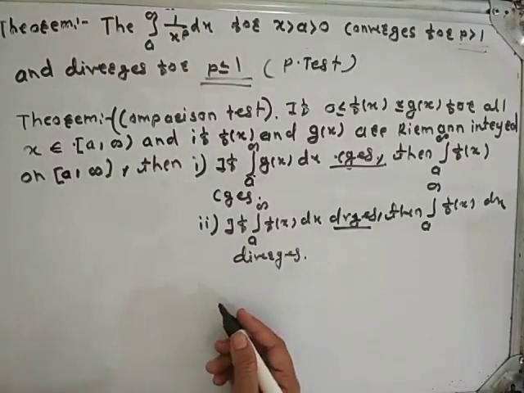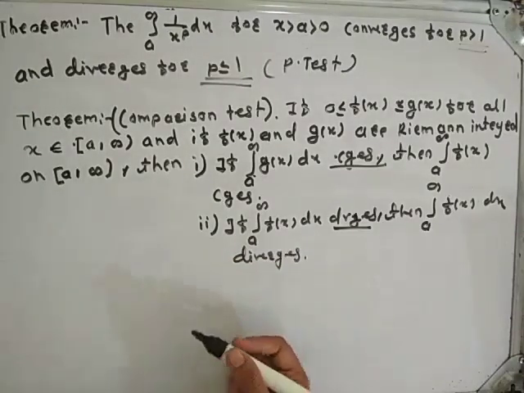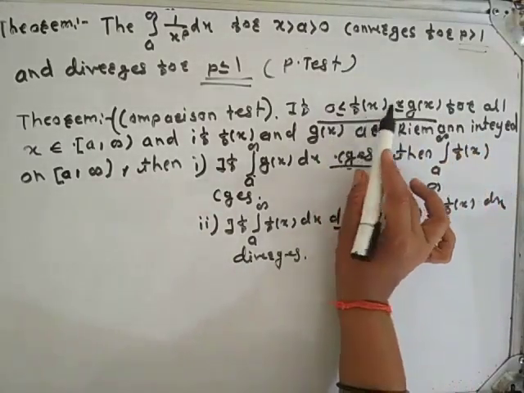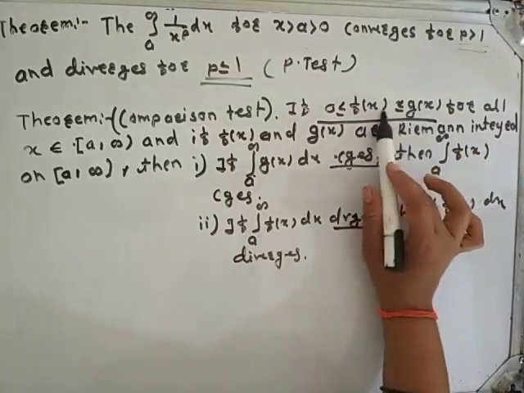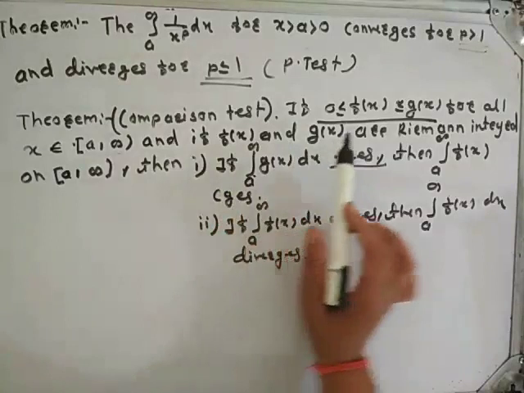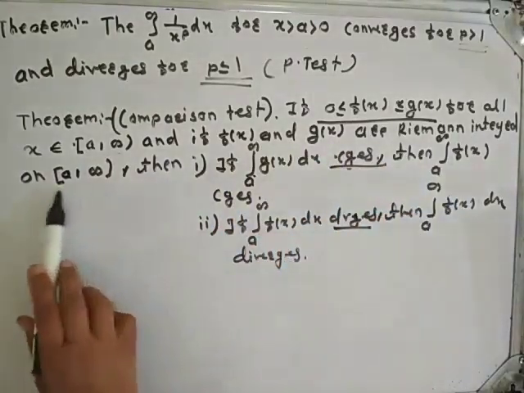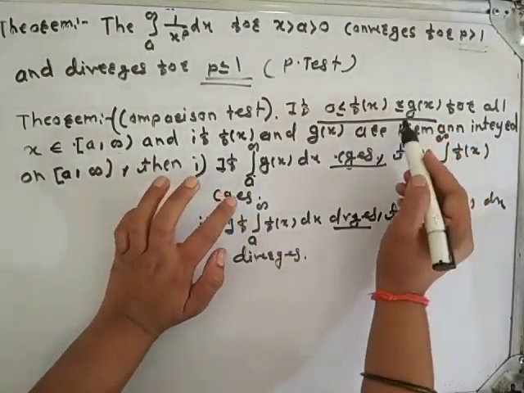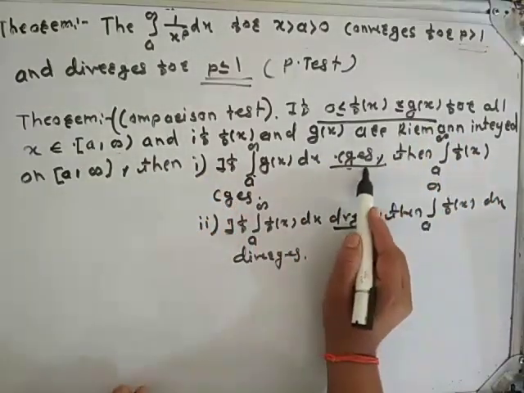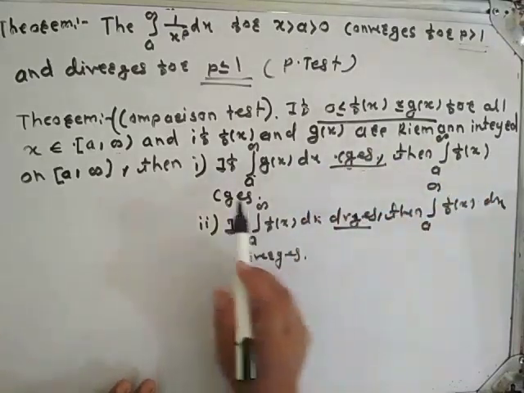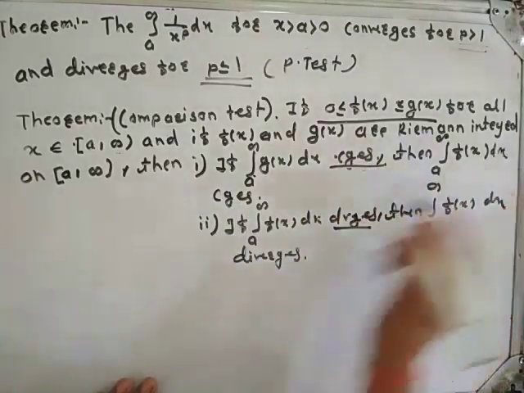See here, students, what does the comparison test say? If 0 is less than or equal to f of x is less than or equal to g of x for all x belonging to this interval, and if f of x and g of x are Riemann integrable on this interval: if integration from a to infinity g of x dx converges, then integration from a to infinity f of x dx converges.